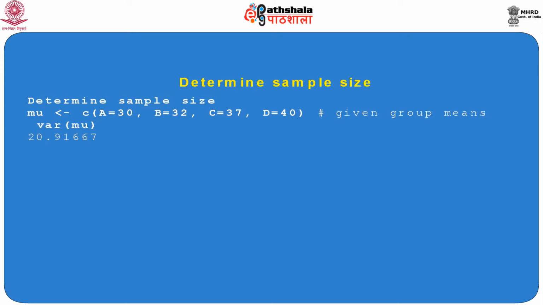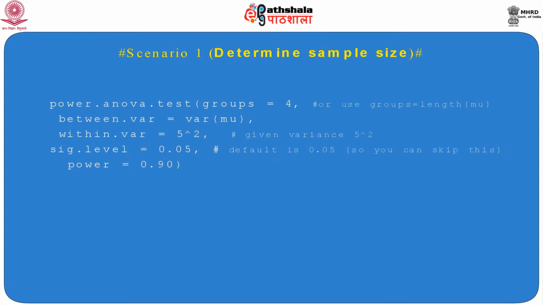Determining sample size, where mu is assigned as the group means with A equals 30, B equals 32, C equals 37 and D equals 40, having variance of mu as 20.91 calculated. Now the second step, scenario 1, to find out the sample size, where the power.anova.test function is useful.